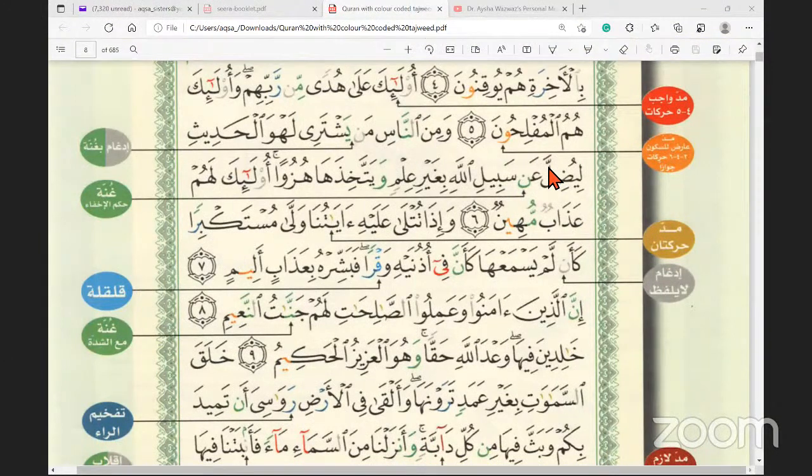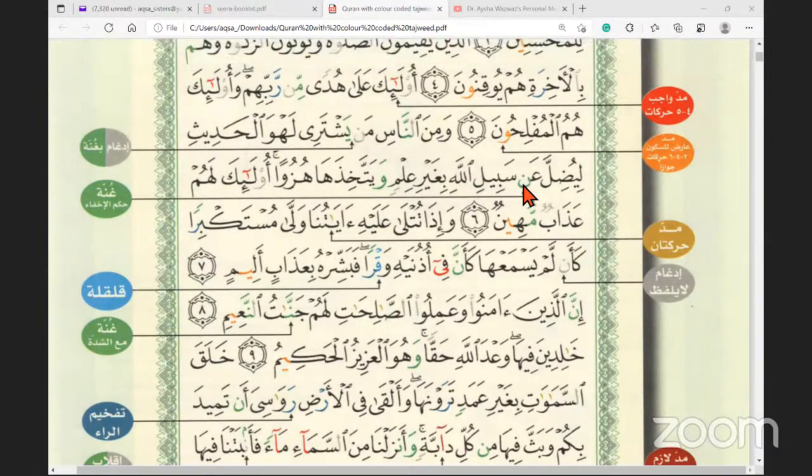Look at this. There's no gray, right? The ones that don't have a gray, it basically means you're going to make the N sound from your nose. But you're not going to say it as its own sound. The nasal sound is really going to be technically on the following letter.